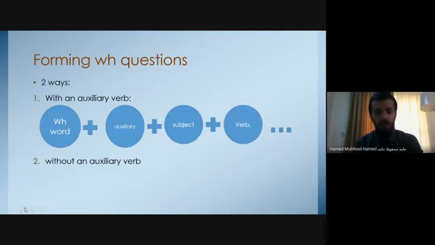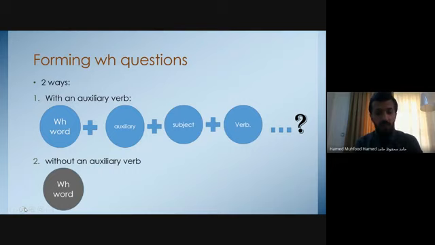But we said that we can follow another rule when forming WH questions. It's when we don't use an auxiliary verb. And when exactly? When the WH word replaces the subject of the sentence. When we ask about the subject of the sentence, how do we form such a question?